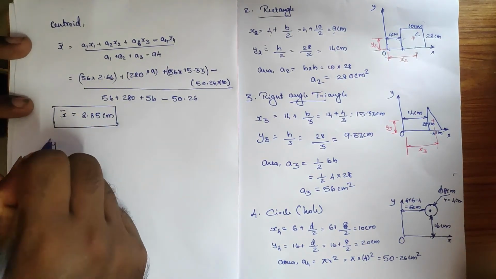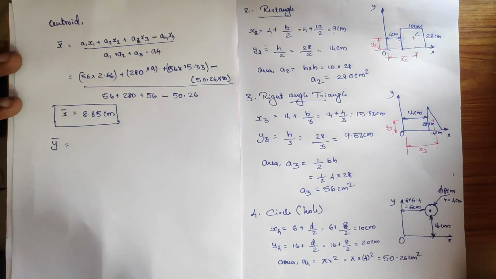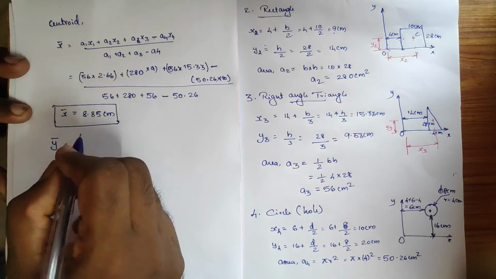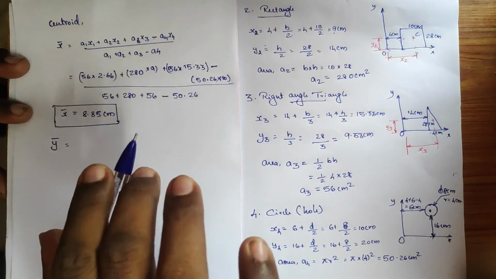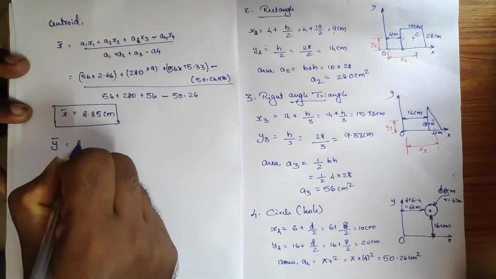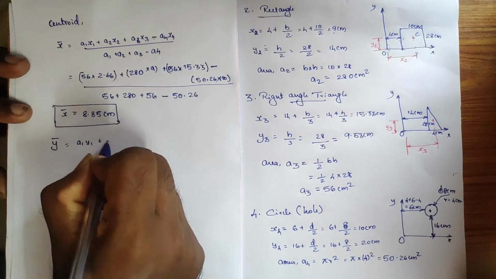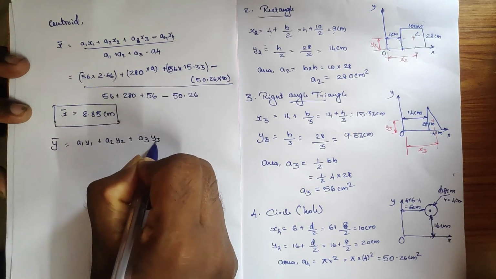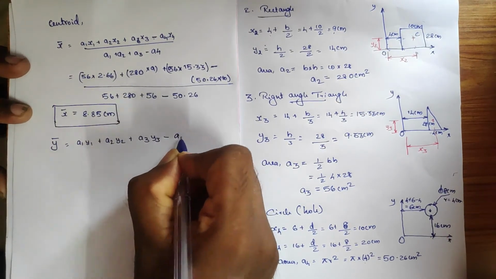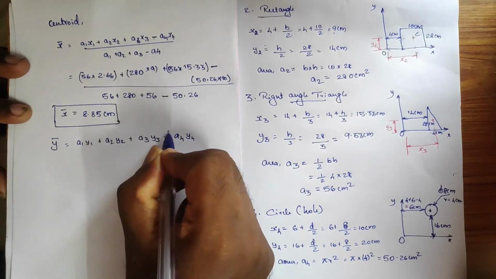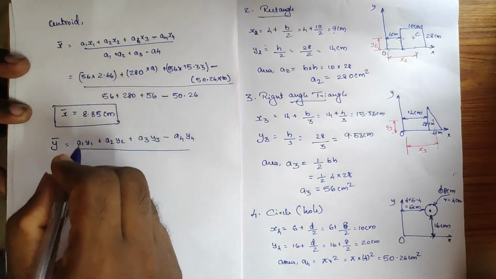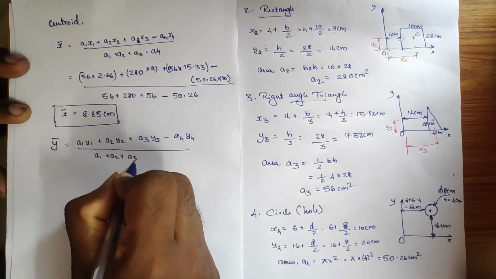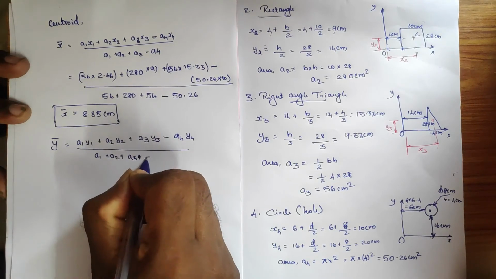Okay, and if you find the y bar, y bar means sum of first moment of area about x axis. So here the formula will be a1 y1 plus a2 y2 plus a3 y3 minus a4 y4. We know it's a removed part, so it's a minus. So here a1 plus a2 plus a3 minus a4.